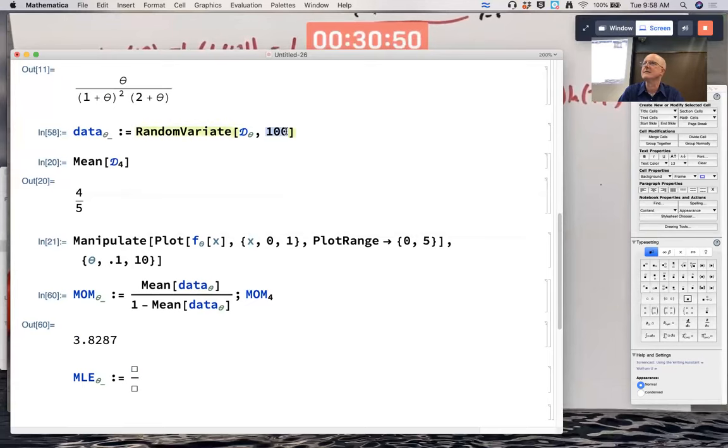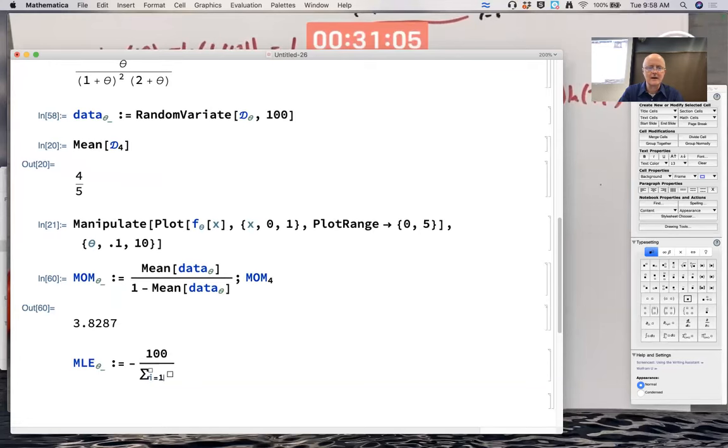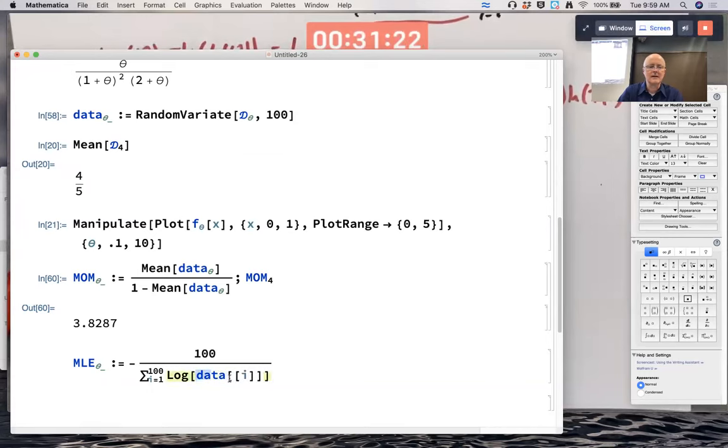Here n is 100. I could make this depend on n. I'm not going to bother. I'll just put 100 up there. Don't forget the negative sign. Summation, i goes from 1 to n. n is 100. All the logs of the xi's, the data values. We can access those data values with this syntax. Although I guess I need a theta, don't I? Okay, data sub theta.